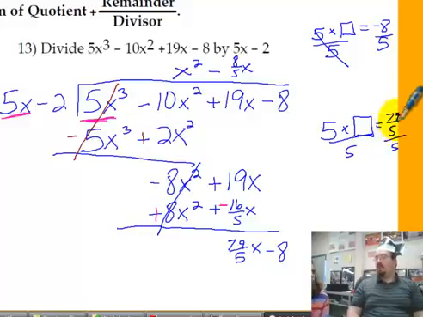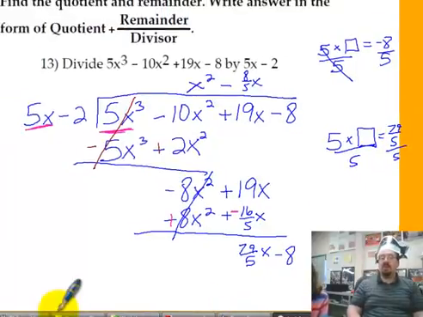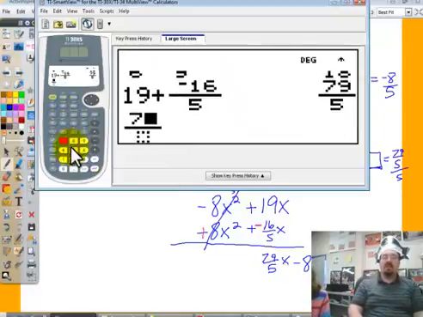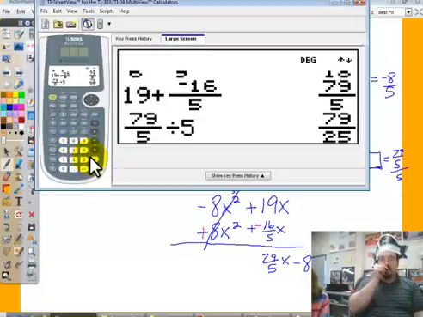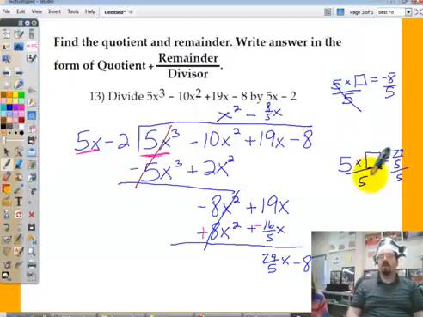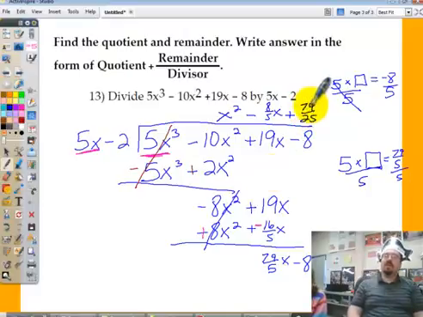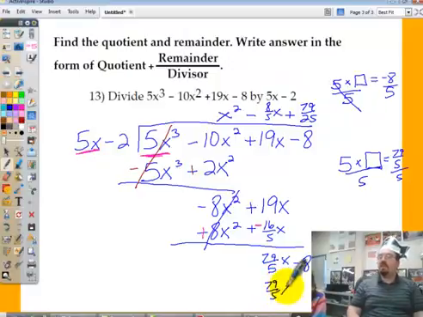In other words, I'm multiplying this by 1/5, or you can put it in the calculator: 79 fifths divided by 5 gives 79 25ths. So I have to put plus 79 25ths. So 79 25ths times 5 should give me 79 fifths. I don't have to calculate it because that's how I set it up.